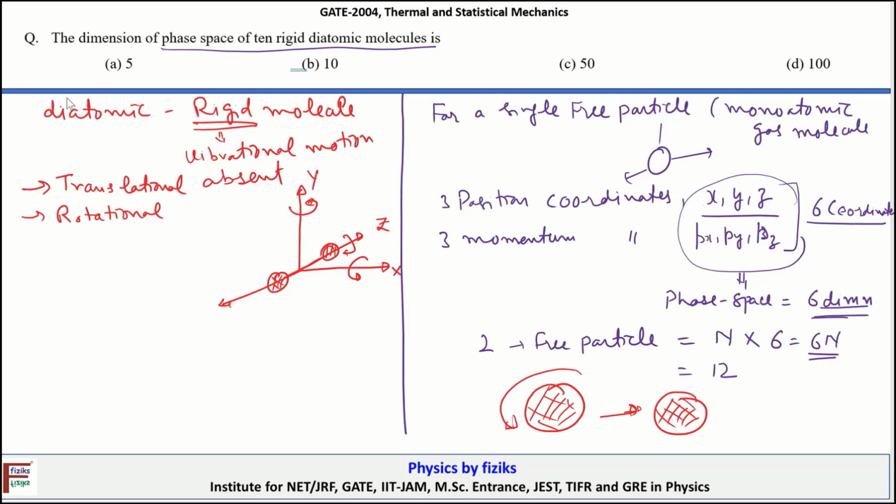So for translation we require 3 position coordinates labeled x, y, and z, and accompanying them we will have 3 momentum coordinates labeled px, py, and pz.